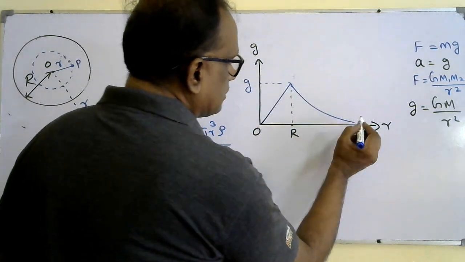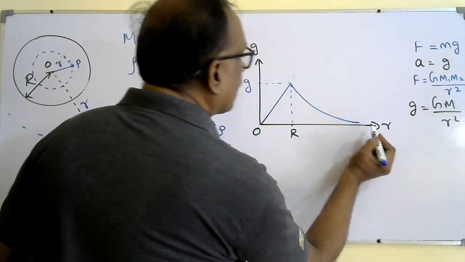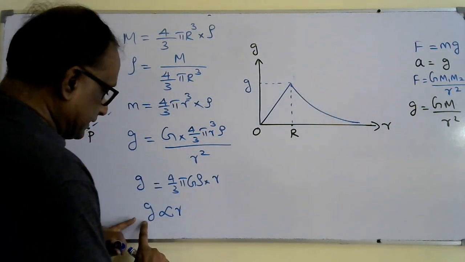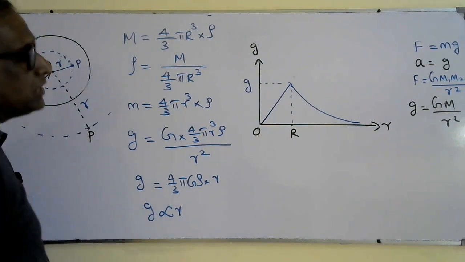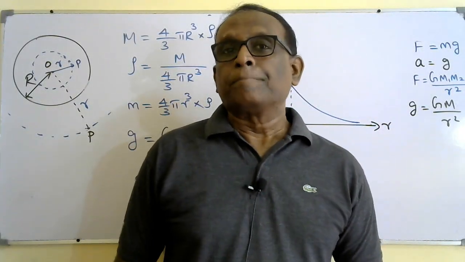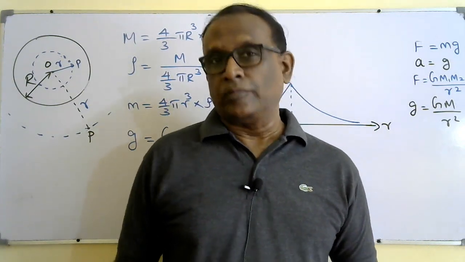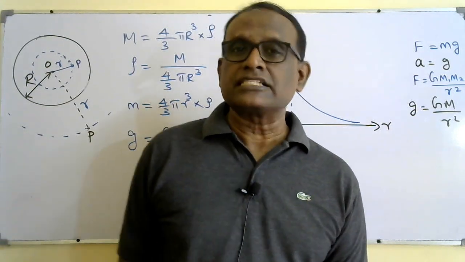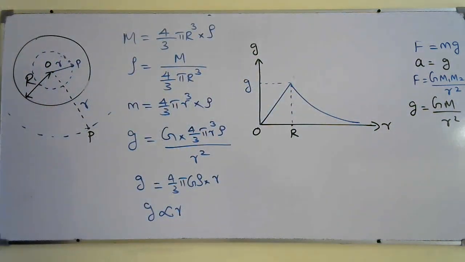Then beyond the surface of the planet, it will obey inverse square law. This would be the graph we should plot. So the variation of gravitational field strength inside the planet is g proportional to r. So nothing new actually. It's only the Gauss law we need to use, and we take an assumption the density of the planet is uniform at all points. So in the exam they might state that and ask you to get an expression.